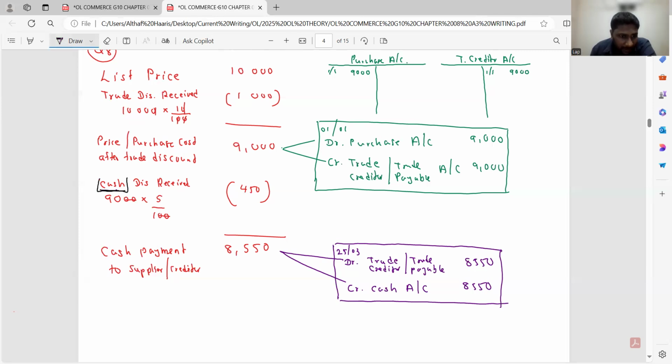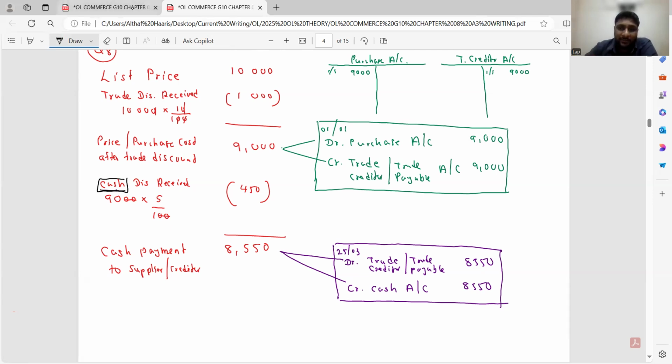Tell me, people, cash discount received will be considered as what when we are putting the double entries? Check the note that I gave you under the cash discount. Check it, people. Very good.